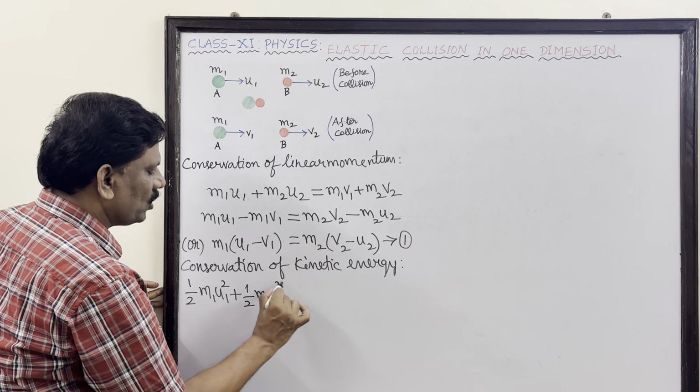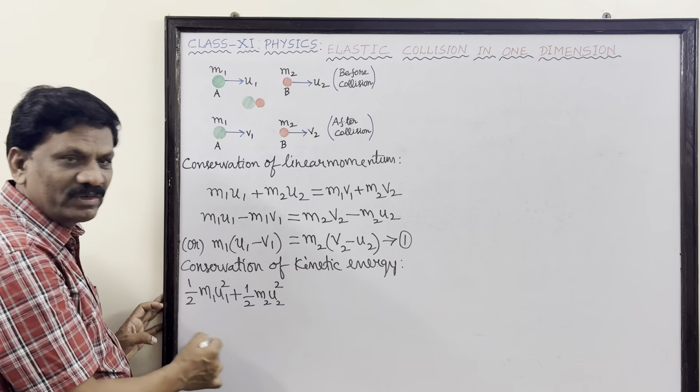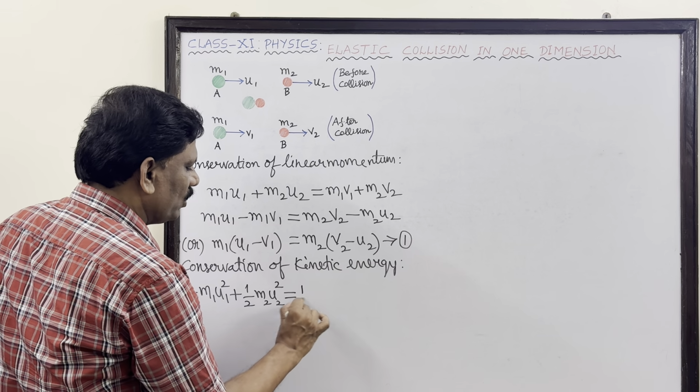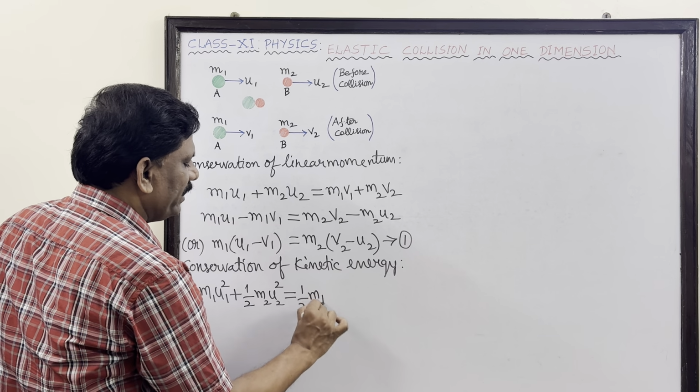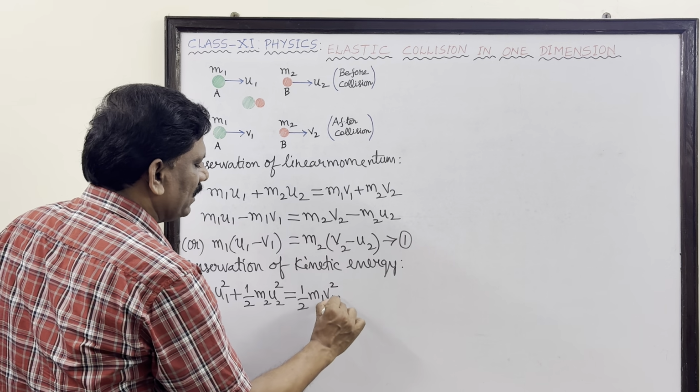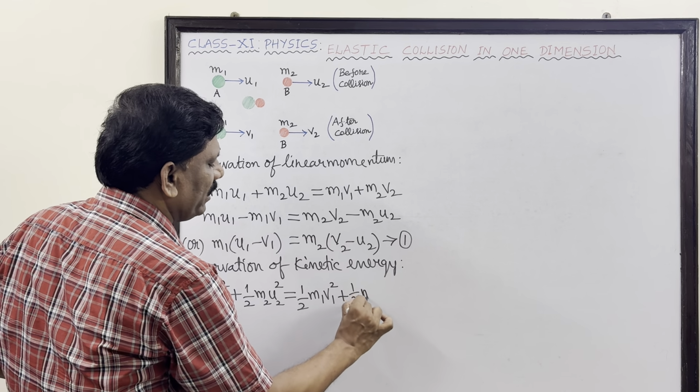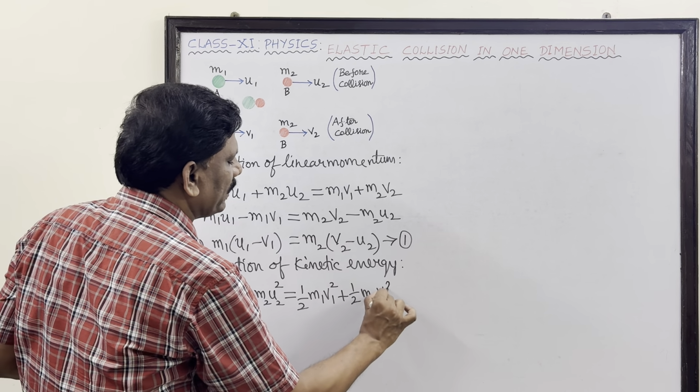This is the total kinetic energy before collision, and this must be equal to half m1 v1 square plus half m2 v2 square.